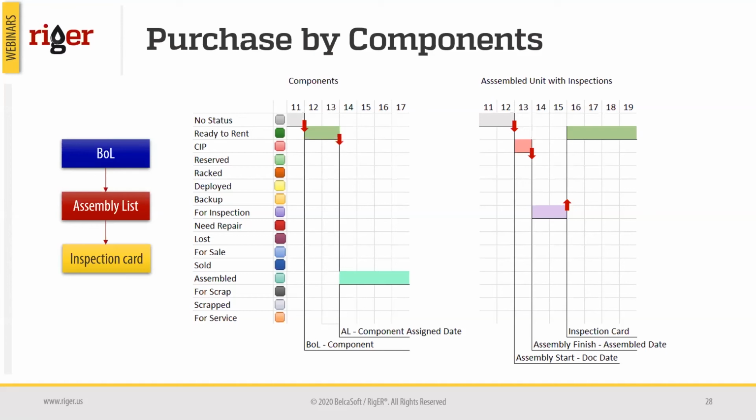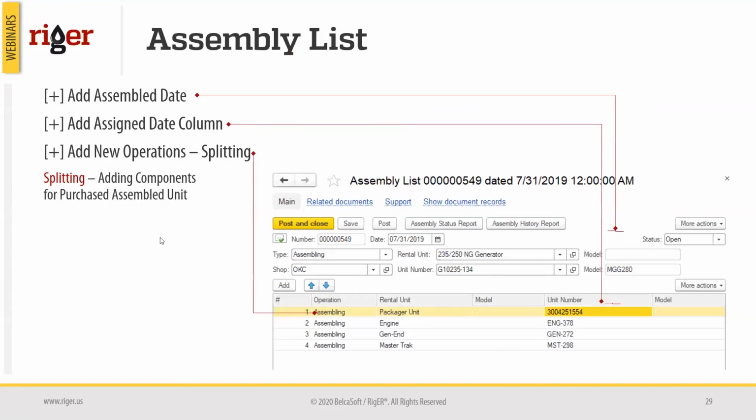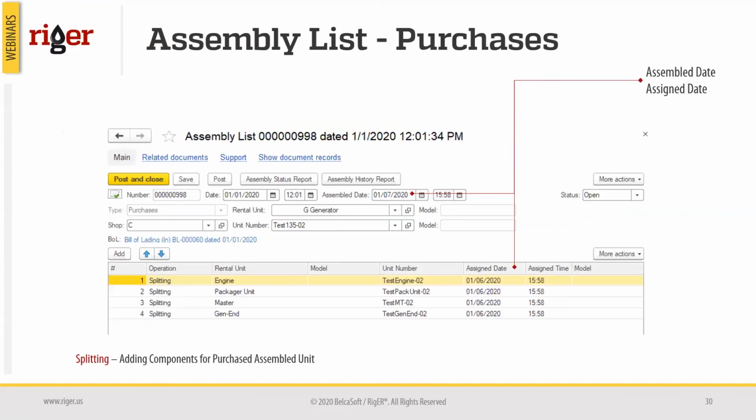Some of the units, if they do not require inspection or the company does not use the inspections option in RigER, after that assembly can be converted to ready to rent status. To do that, we added some changes in the assembly list, assembly purchases, and the assembly list assembly, and we added an assign date.